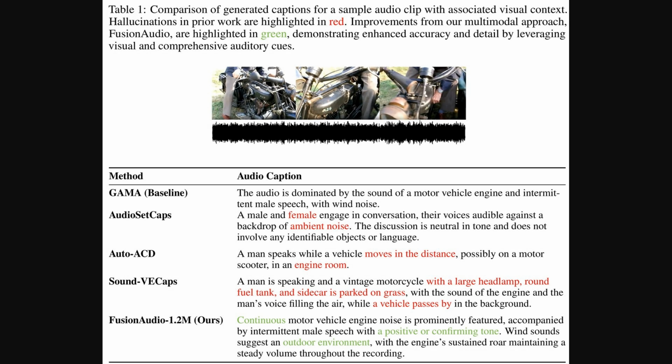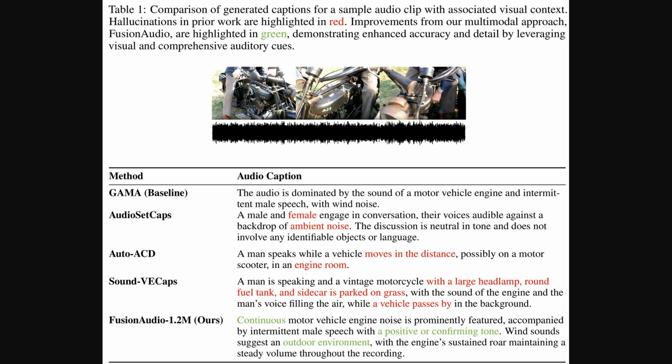Alright, and this next table really brings that fusion concept to life with a concrete example. It shows a side-by-side comparison of captions generated for the same audio clip, which has a video of a motorcycle. The older methods, well, they struggle a bit. One model hallucinates, or makes up, a female voice that isn't there, while another incorrectly places the scene in an engine room.